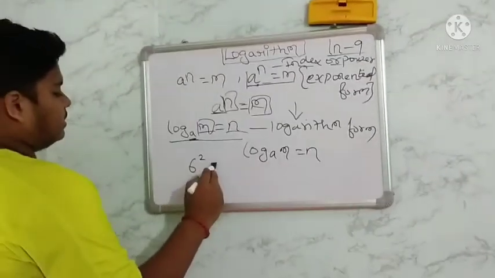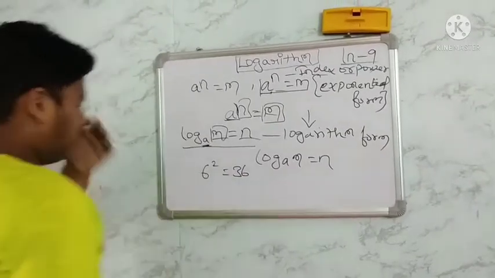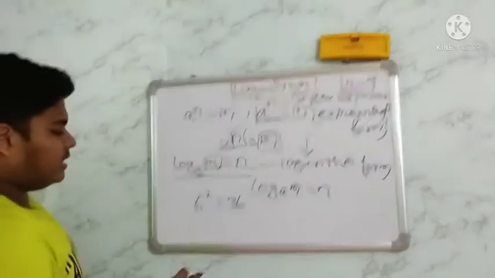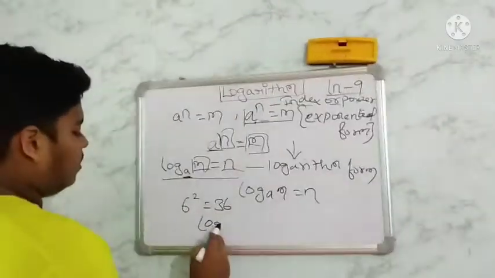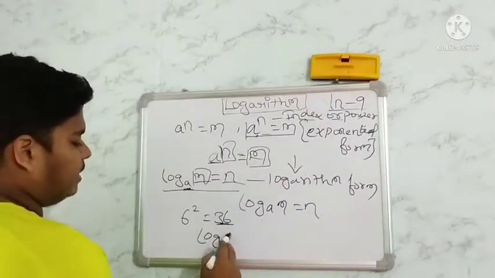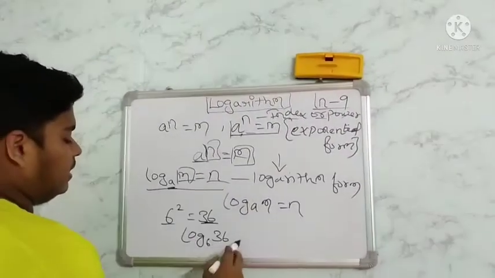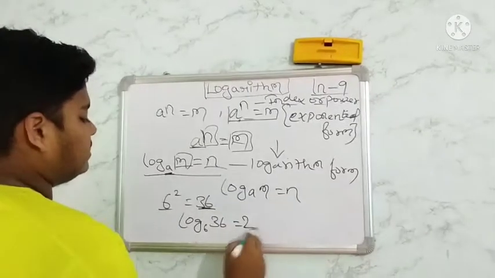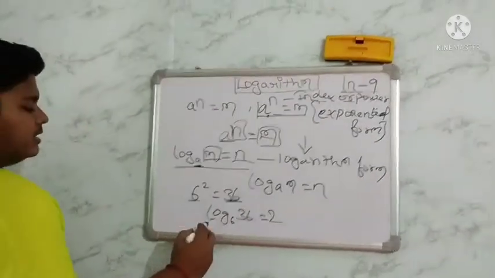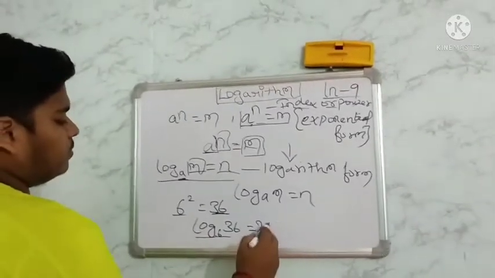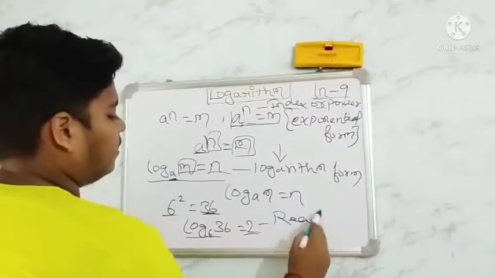Let us take one more example. 6 square is equal to 36. To convert this into logarithm form, we write log. What is on the right side, we write log of 36, and the base is written as base 6, is equal to the exponent, which is 2. So log of 36 with base 6 is equal to 2. How do we read it?